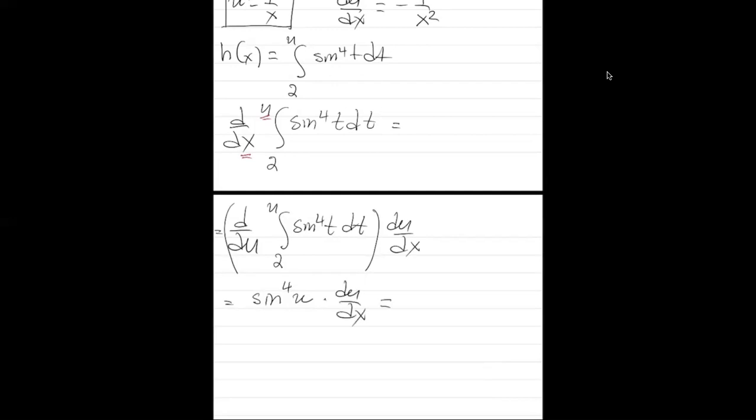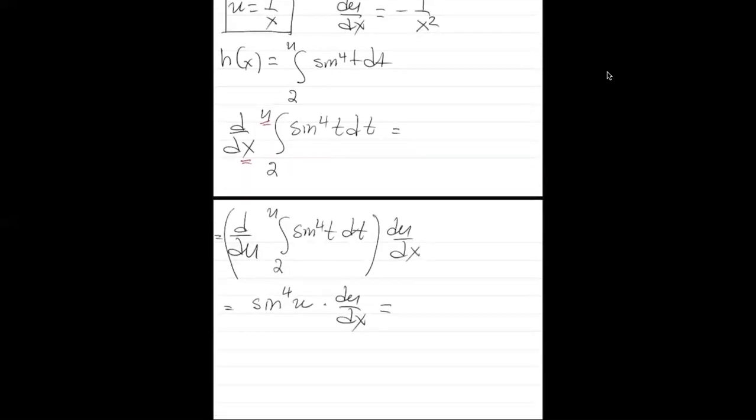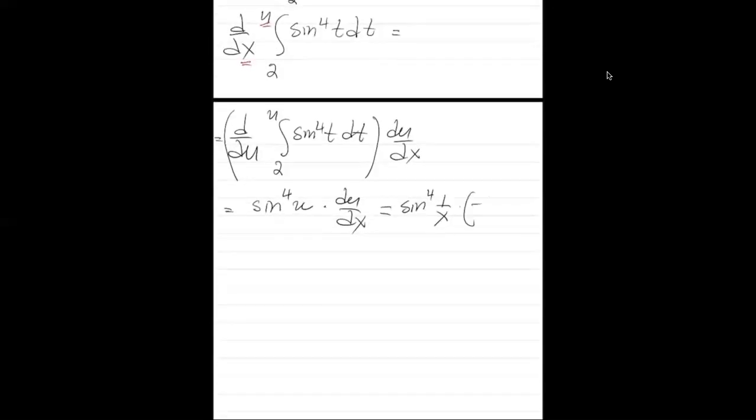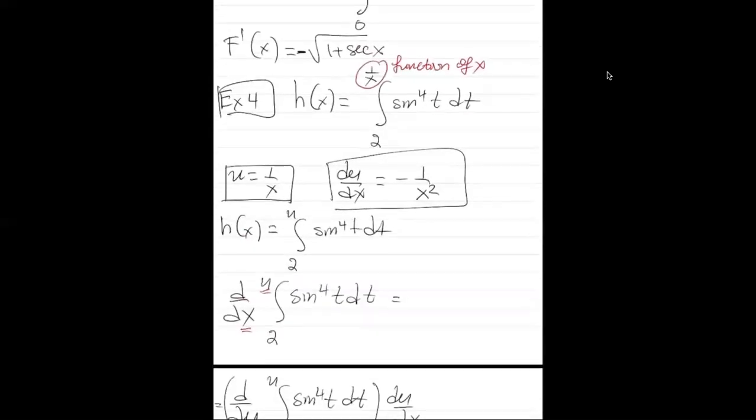And now you have to go back to x. u was 1 over x, so we're going to have sine to the fourth of 1 over x, and we had du dx right here, which was negative 1 over x squared. And that's our final answer for the derivative of the function, in this case, the derivative of h.